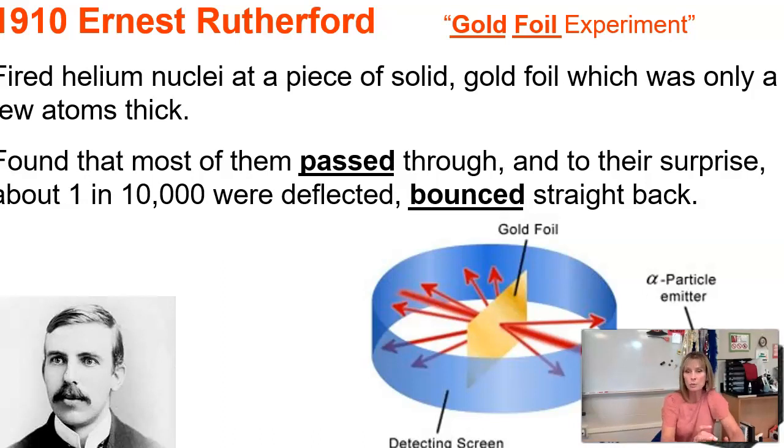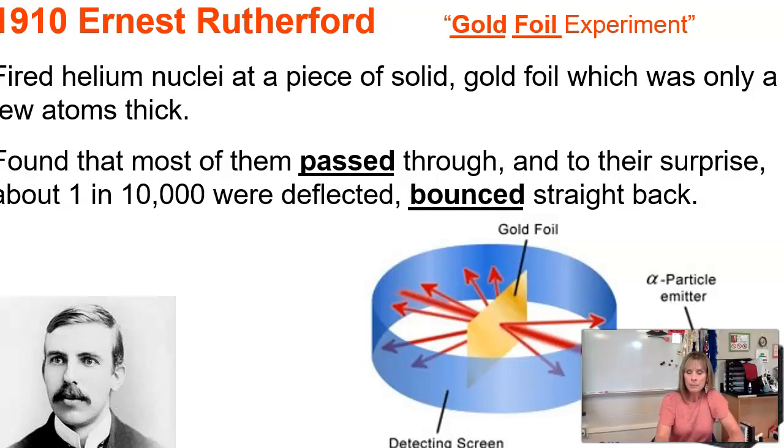It's been hammered into a really super thin, tiny sheet. When these positive particles were shot through the gold foil, they hit a screen that surrounded the gold foil, and every time that positive particle hit that screen, it would light up. There would be a little photon of light, a little piece of light.